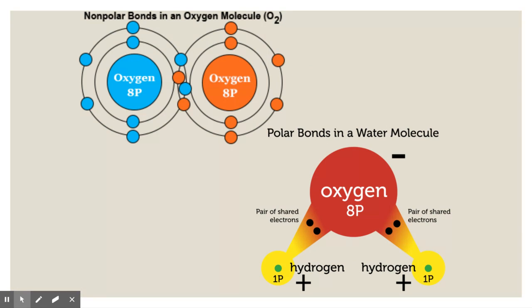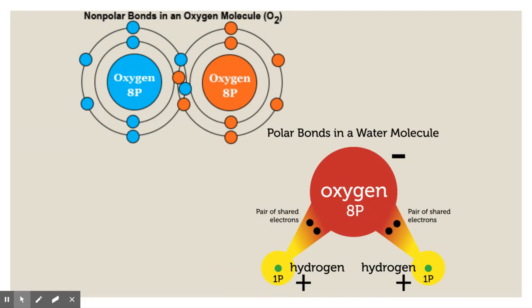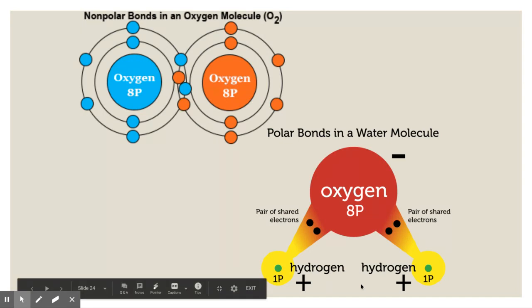So here are some more examples, right? Like a non-polar bond of oxygen, they share these 4 electrons equally. Whereas something like water, oxygen is more what we call electronegative. It has a stronger pull compared to hydrogen.